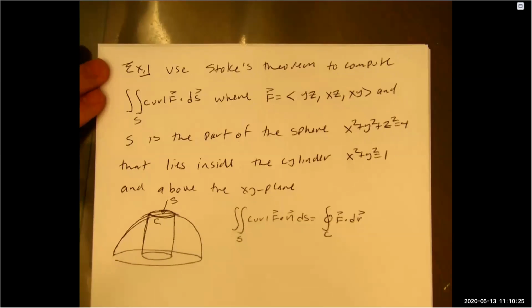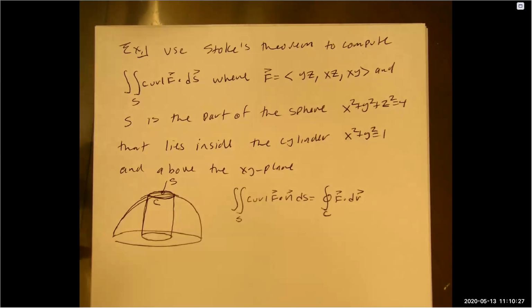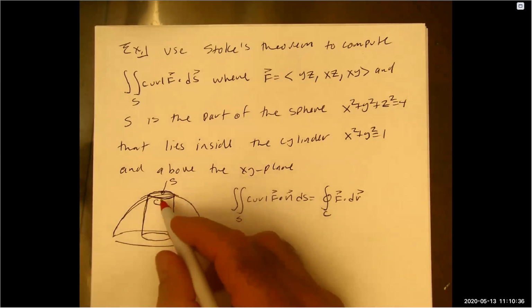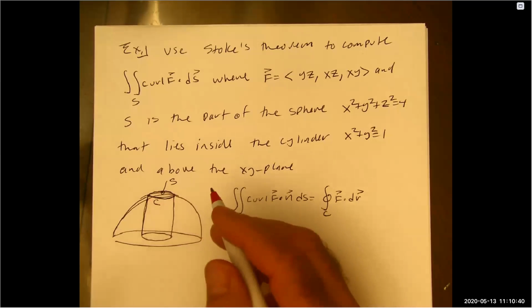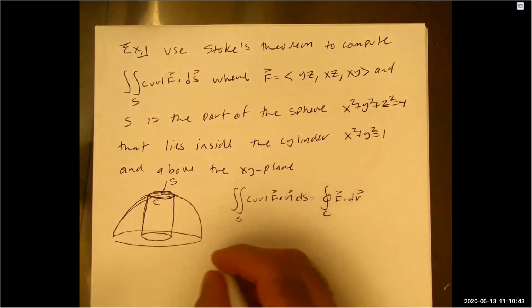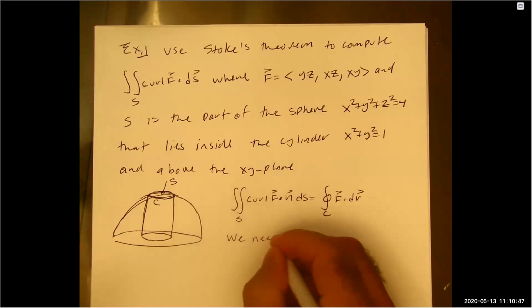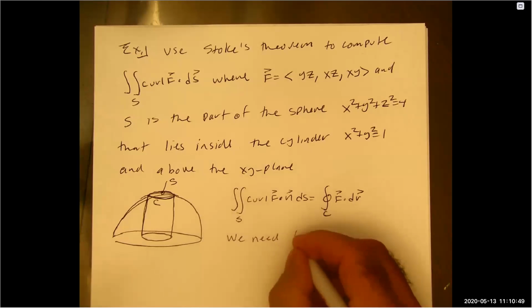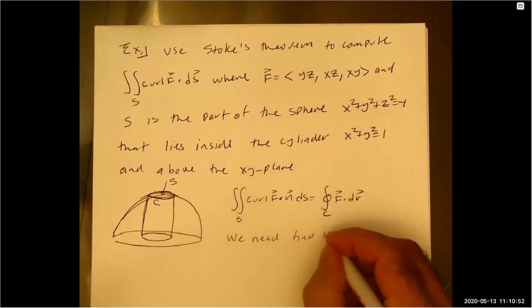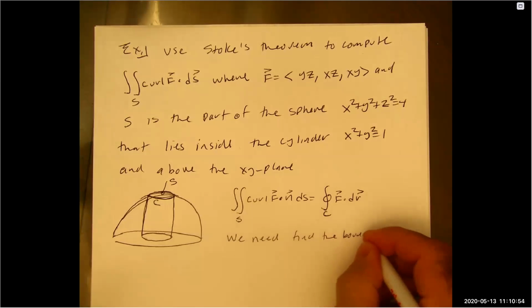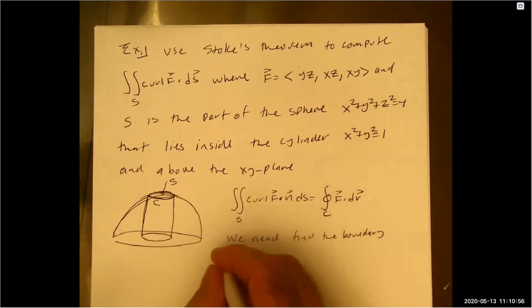And that would be to use Stokes' theorem. And so the problem is that I need to be able to write this boundary curve here. What's the formula for that boundary curve? So we need to find the boundary curve C.